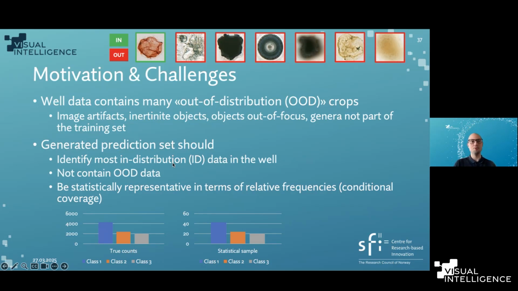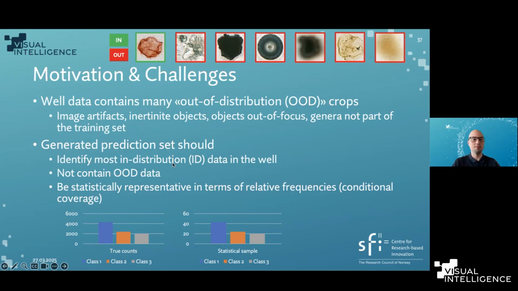And you would like to generate a prediction set that identifies most of the in-distribution data in the well and that does not contain too much out-of-distribution data. And also, very importantly, that the prediction set is statistically representative in terms of relative frequencies. So we might not detect all the crops in the slide, but the relative frequencies should correspond to the true distributions.